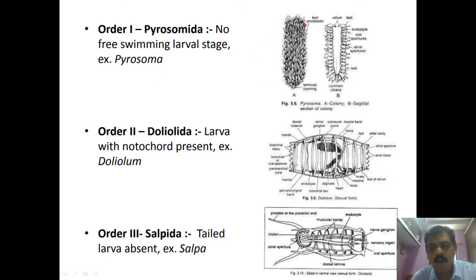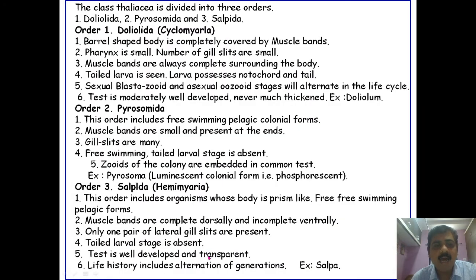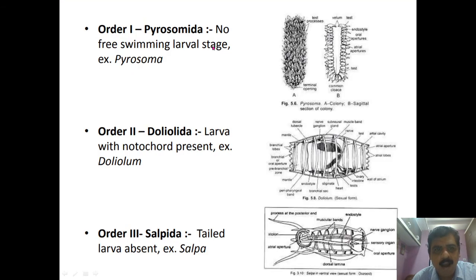This is a colony of Pyrosoma, and the second order is Doliolida, the larva with the notochord present. Example is Doliolum, and in the order Salpida, the tailed larva is absent. Example is Salpa.